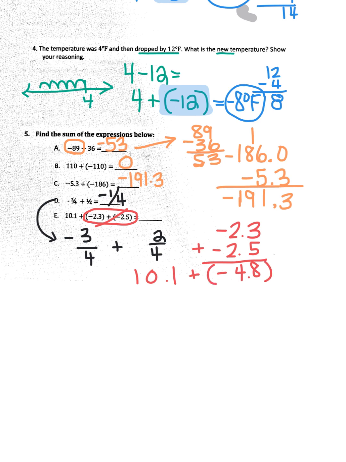Well, adding a negative is the same as just subtracting. So really, I can take 10.1 off to the side and subtract 4.8 from it. Borrow, subtract, and 5.3 is our answer here. We had way more than we subtracted, so a positive answer.